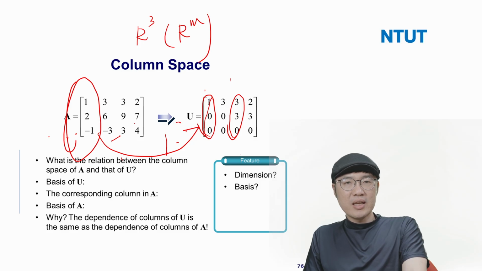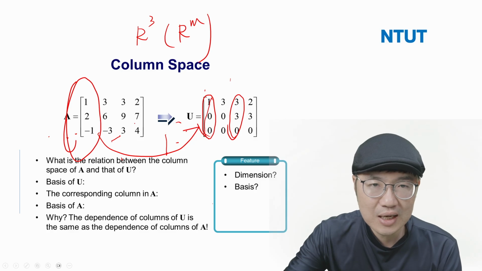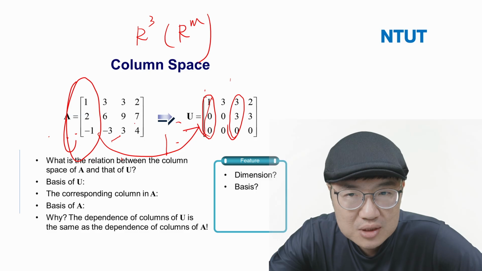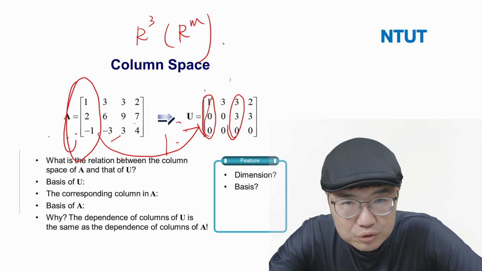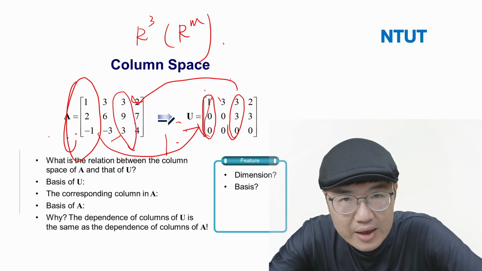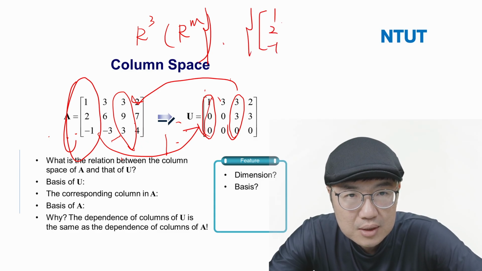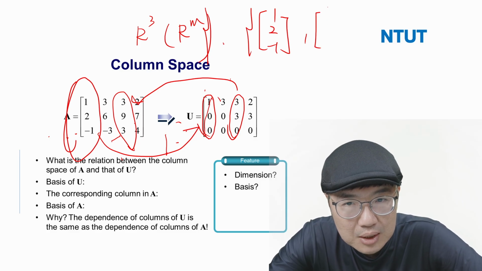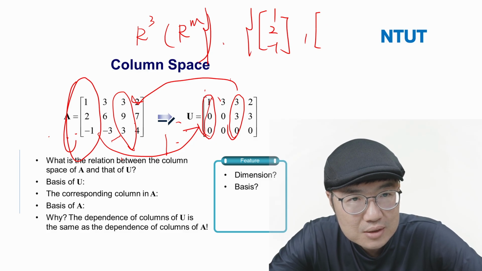But if we pay attention to only the columns, then the first column and the third column are my pivots, so they form pivot columns. As they are pivot columns, we can trace the information to the first and the third column of A. So the basis for this column space is (1, 2, minus 1) and (3, 9, 3).